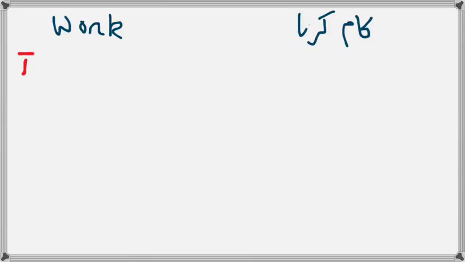So it's really easy for past simple tense. For example, if I want to say I worked, work is a verb which means काम करना. Now I want to say I worked.